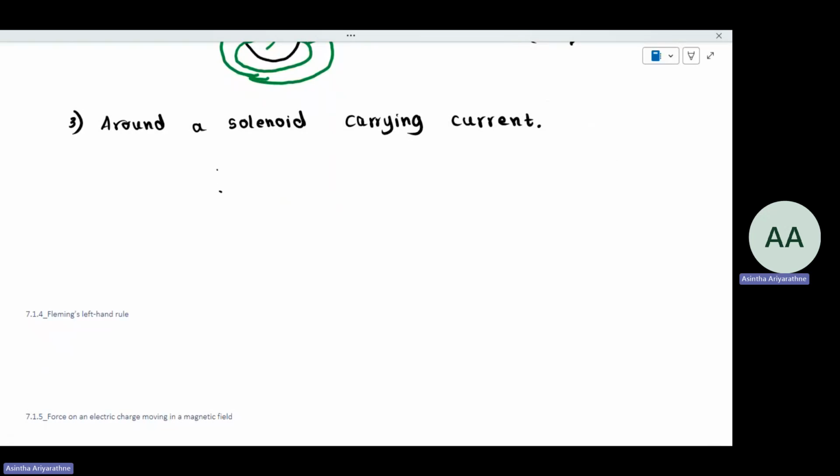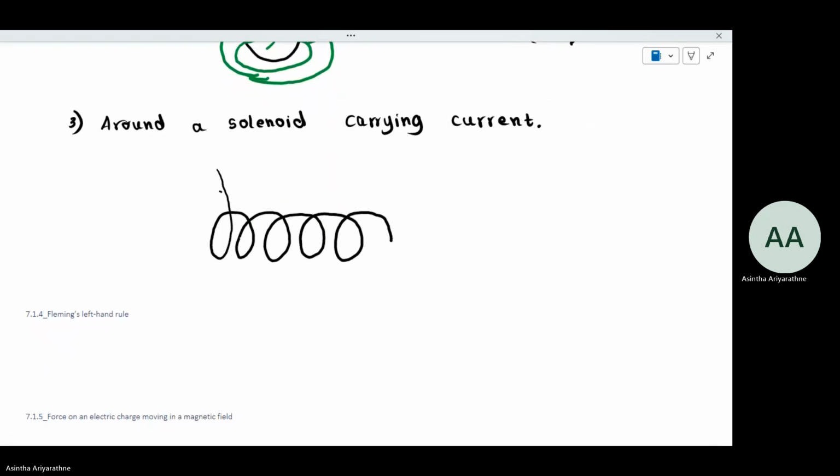So let's consider a solenoid like this. So current is flowing in this direction.